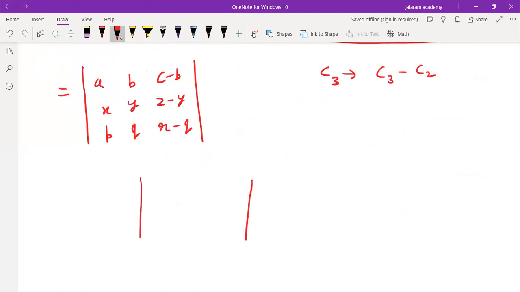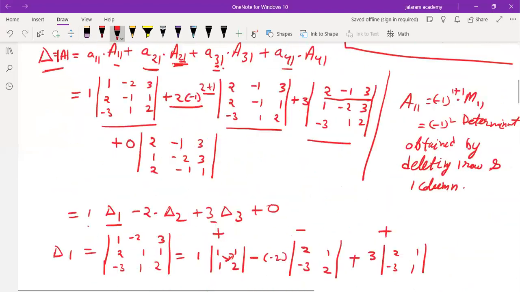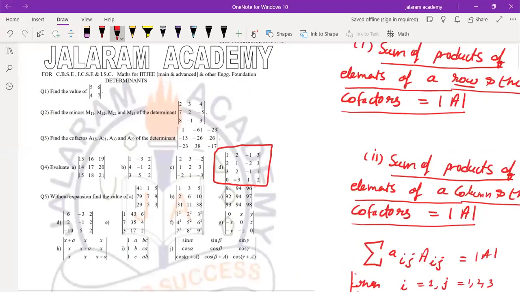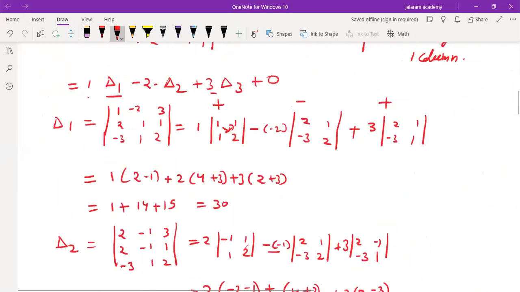Like in the question I have given you in my sheet, question number 5A, though some more properties will be used, I am going to discuss only these properties.